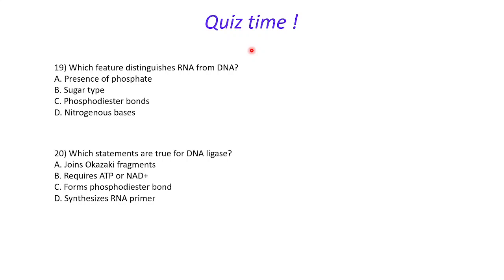It catalyzes the formation of the phosphodiester bonds between the 3' OH of one fragment and the 5' phosphate of the other, and it links the continuous strand, and it does not synthesize RNA primer. That is done by the primase. So A, B and C, all three are correct.